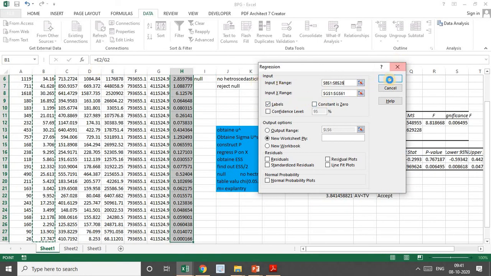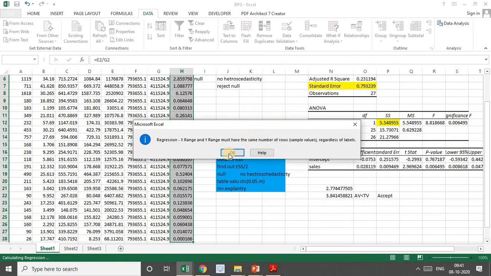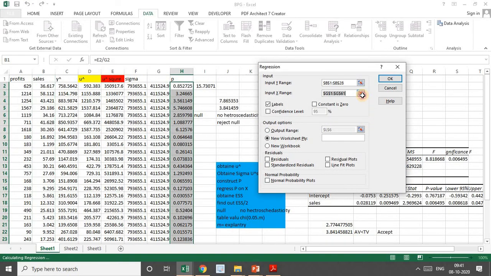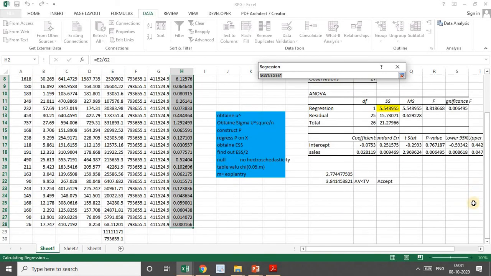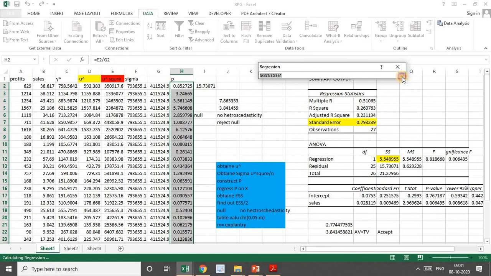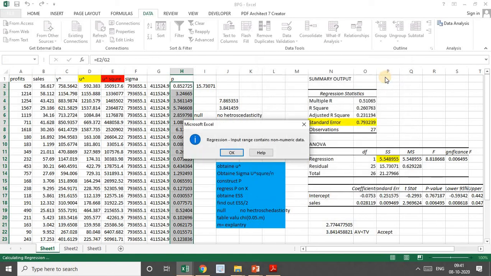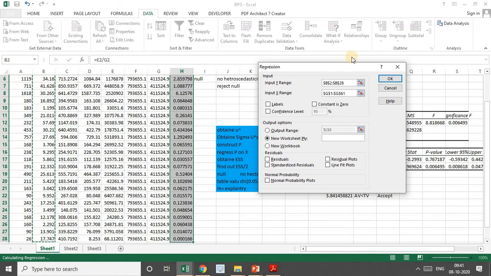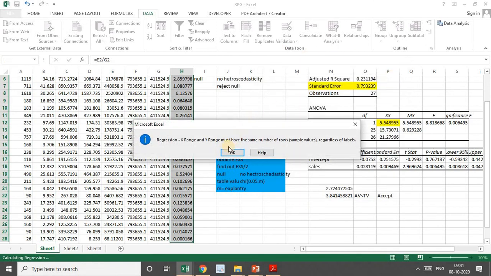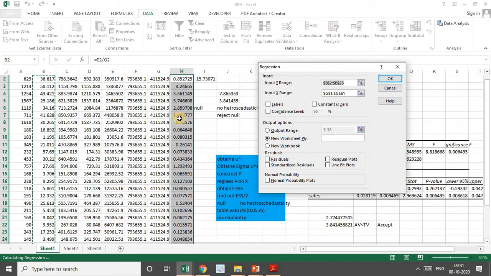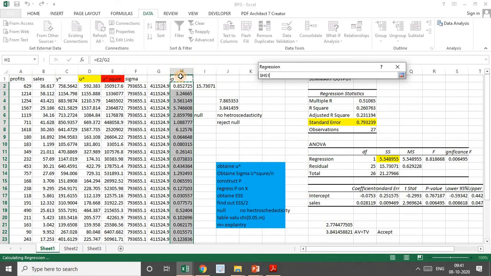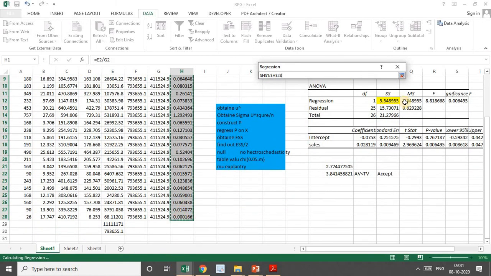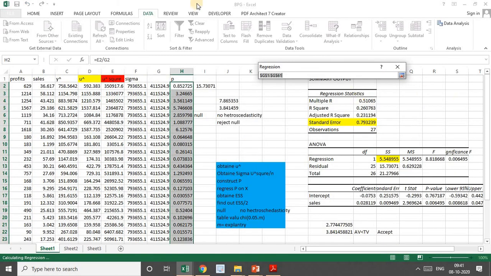Okay, label is there. This is the y range, and this is the x range.